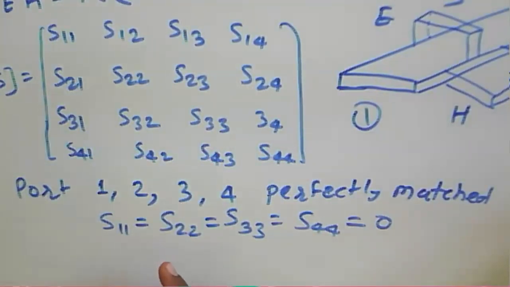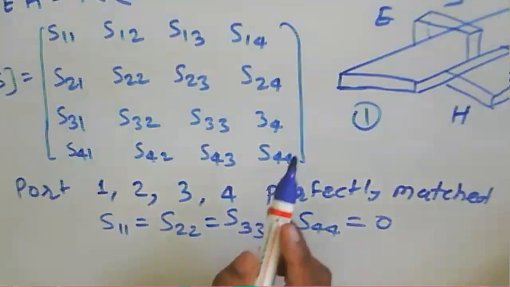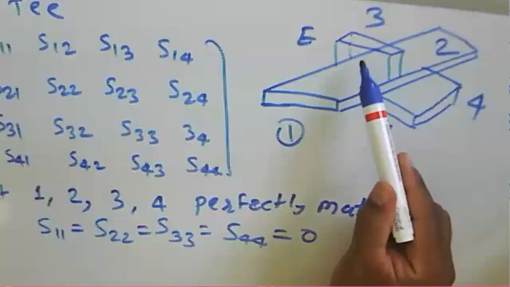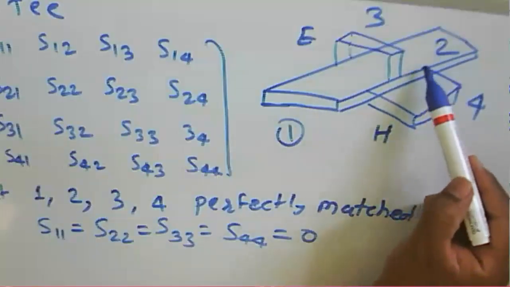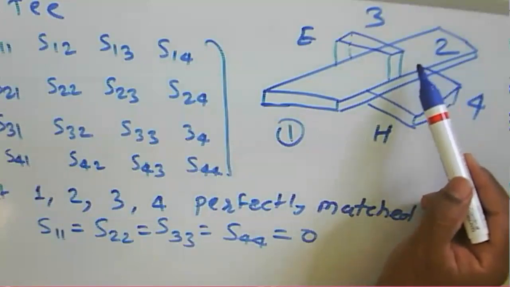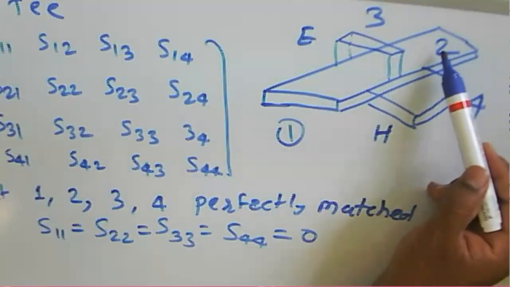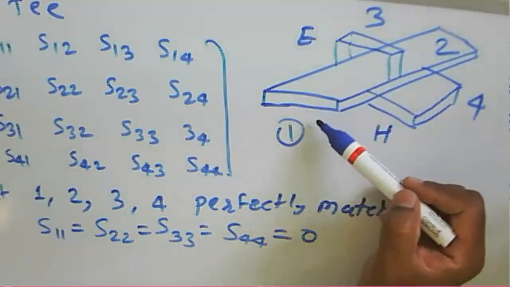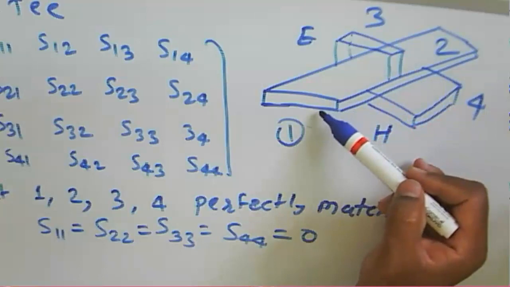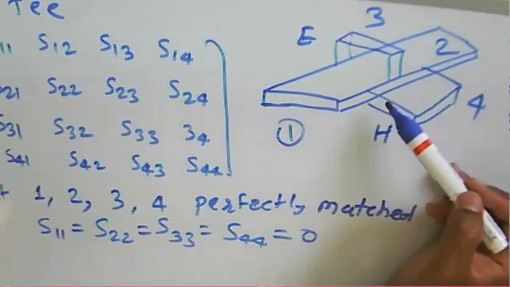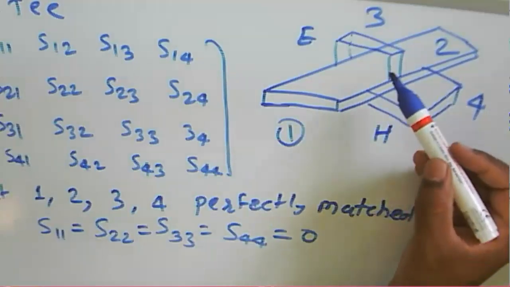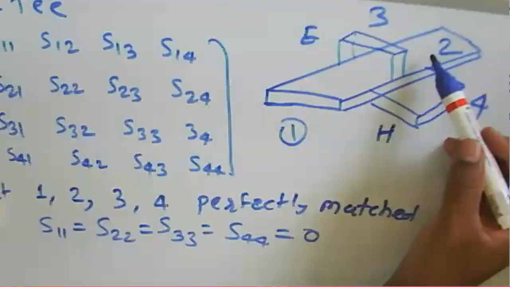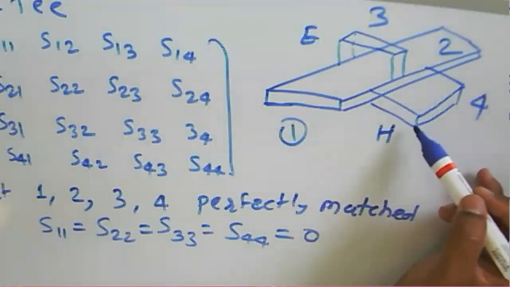Now, if we provide the input to port 1, the output is available at port 3 and port 4. No output is present at port 2. Similarly, if we provide the input to port 2, the output is available at port 3 and port 4, with no output at port 1. This means port 1 and port 2 are perfectly isolated. Similarly, if we provide the input to port 3, the output is equally divided in port 1 and port 2 but out of phase, with no output at port 4.